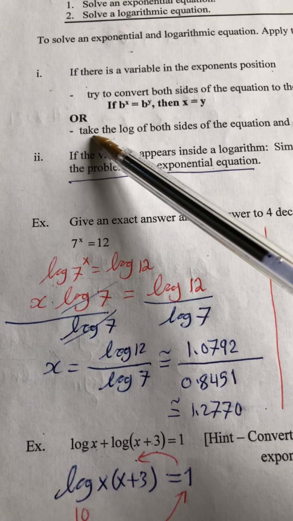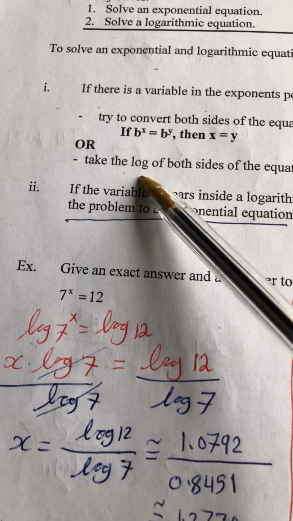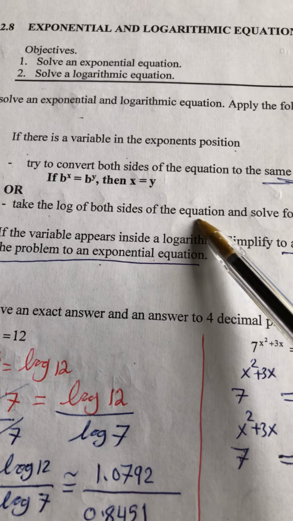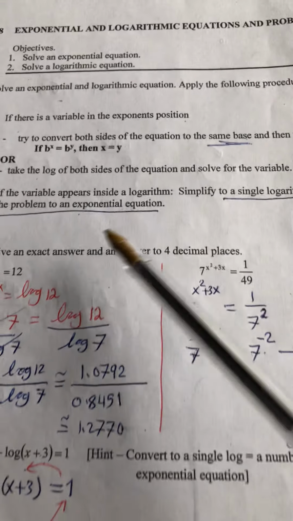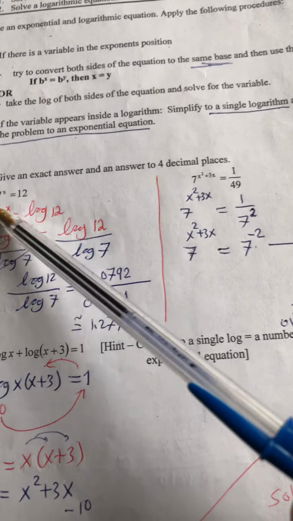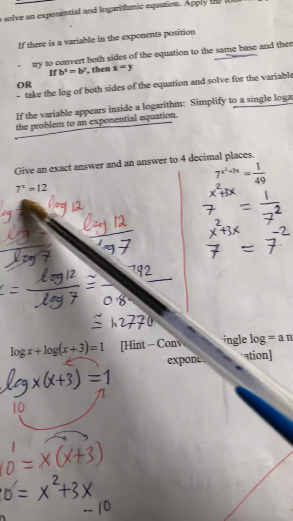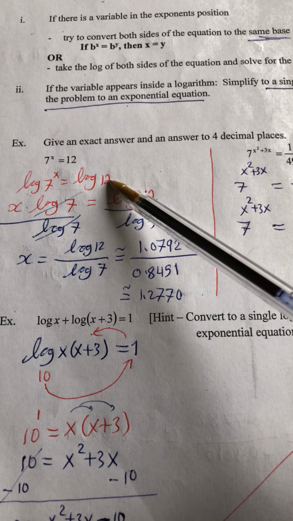So we take the log of both sides of the equation and solve for the variable. So we get log 7 to the power x equals log 12.